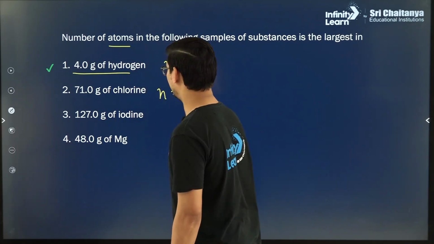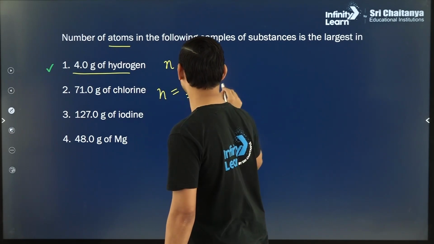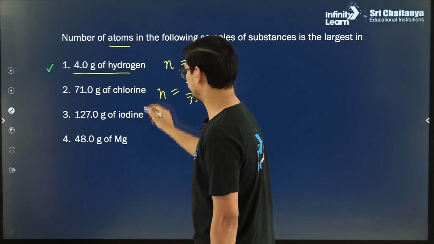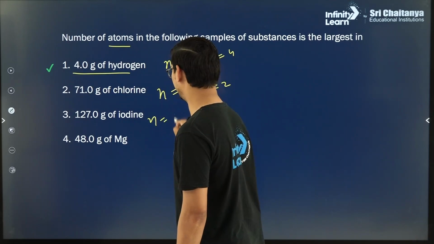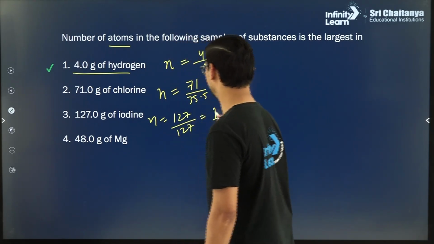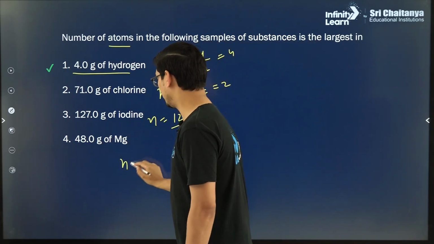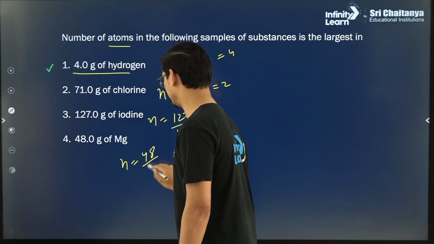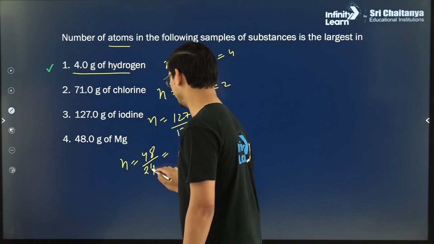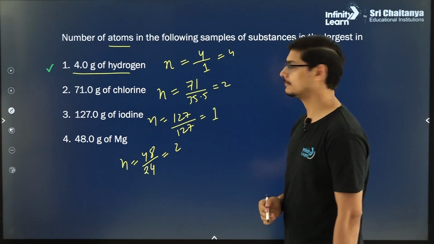In this case, the mass is 71 and the atomic mass of chlorine is 35.5, so this is 2, this was 4. For iodine, the given mass is 127 and the molar mass of iodine atom is also 127, so that is 1. And for 48 gram of magnesium, the number of moles is mass 48 divided by molar mass 24, so the number of moles is 2. So the maximum number of moles is in hydrogen.